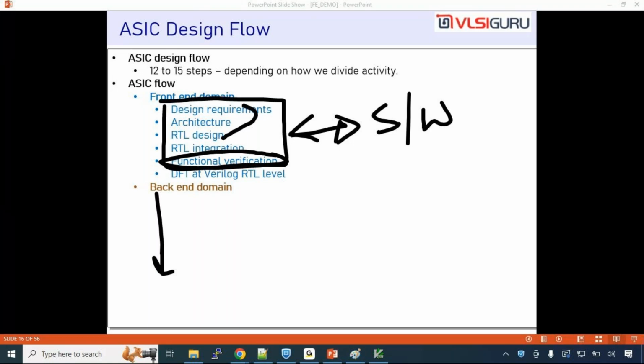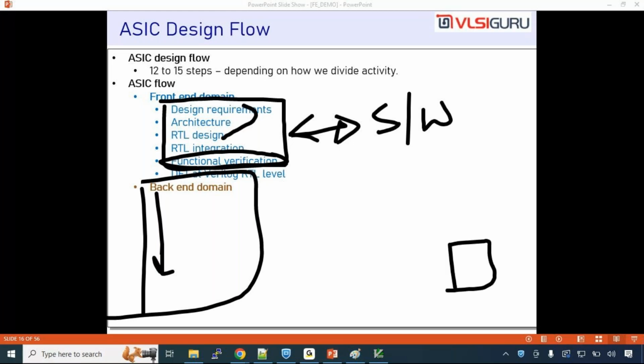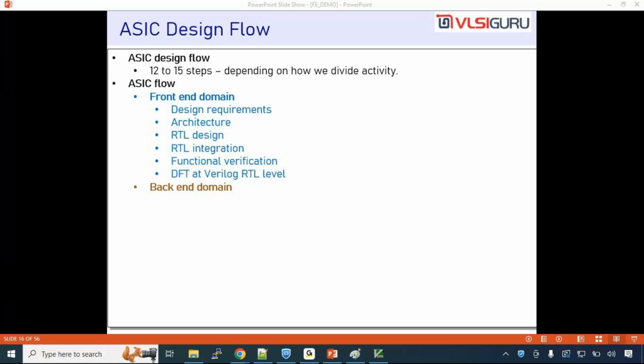You understand the difference? So does software have the backend flow? No. So then what exactly is the backend domain? Backend domain is converting that Verilog code finally into a chip. That entire process is called backend domain. Let me again revise. VLSI front-end domain is very similar to the software flow.